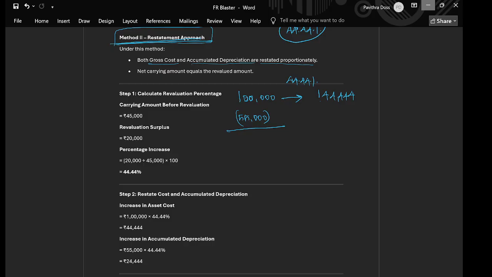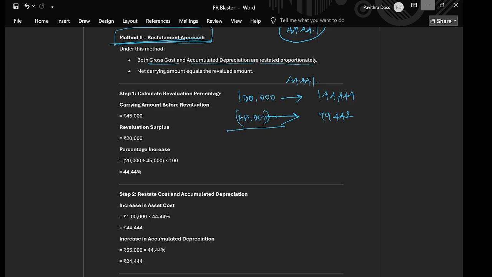Clear? And there's also going to be a jump for the accumulated depreciation. So 55,000 plus 44.44 percent jumps to 79,442.